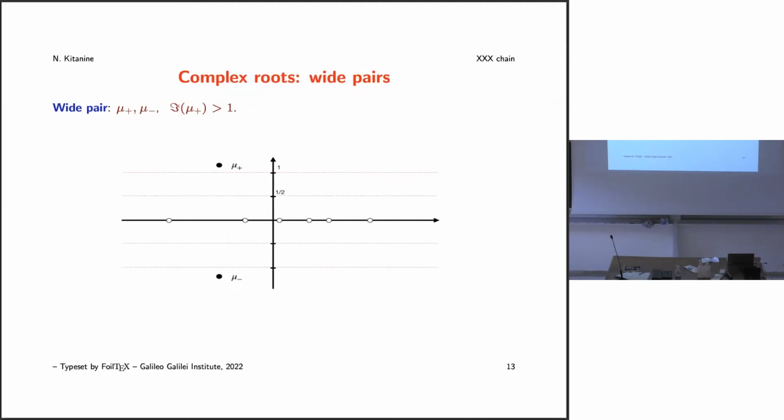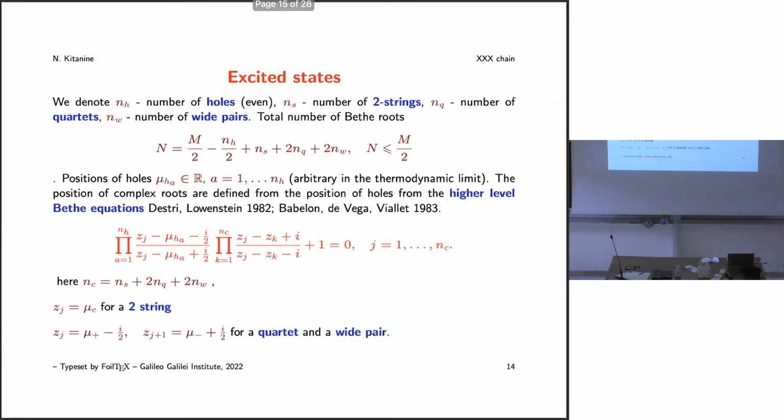Complex roots are defined by the positions of holes through equations which remind a lot of the Bethe equations. Usually they are called higher level Bethe equations. If you know the positions of holes, you can produce solutions for the complex roots, and from the position of these solutions you recognize them as wide pairs, close pairs, 2-strings, quartets, and so on.